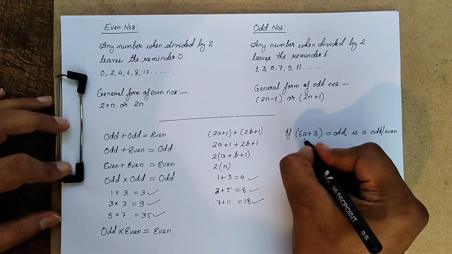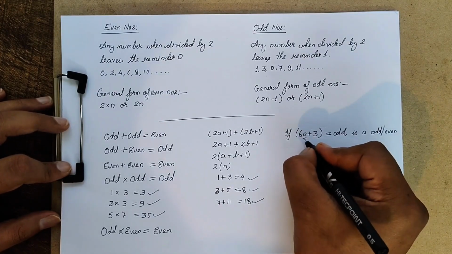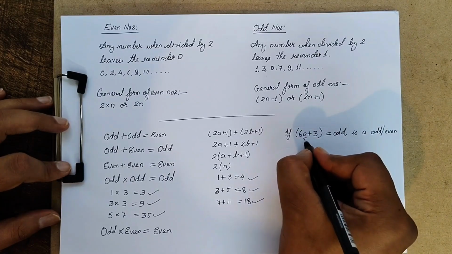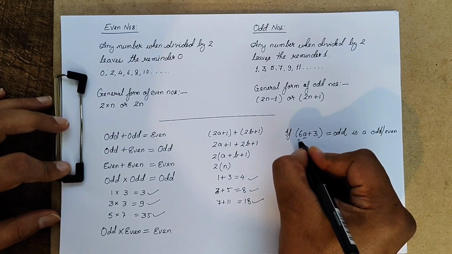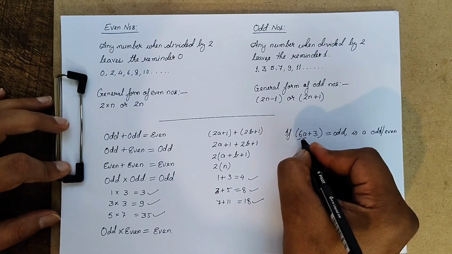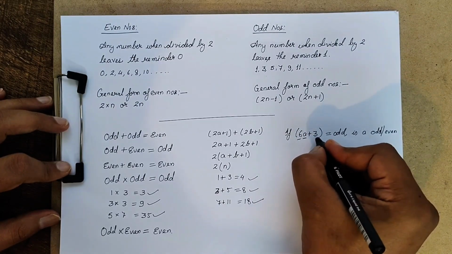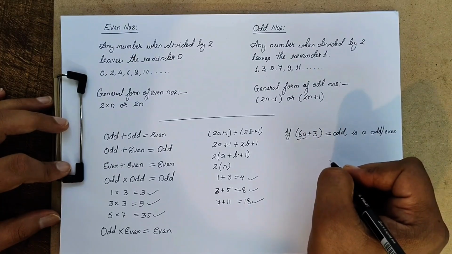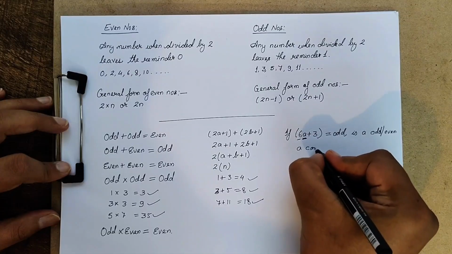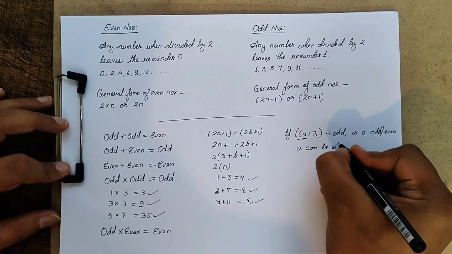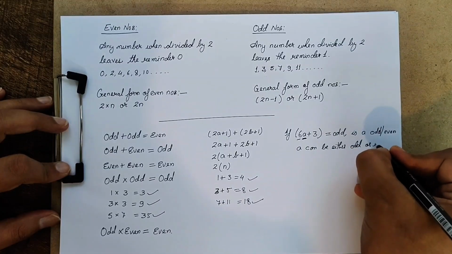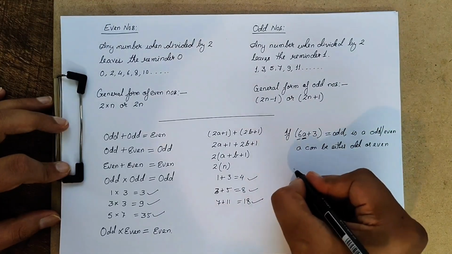Now we know that the value of a can be both odd and even, but we are seeing that a is being multiplied by an even number. Any number multiplied by an even number is always even, and plus an odd number will give some odd. So a can be any value, either odd or even.